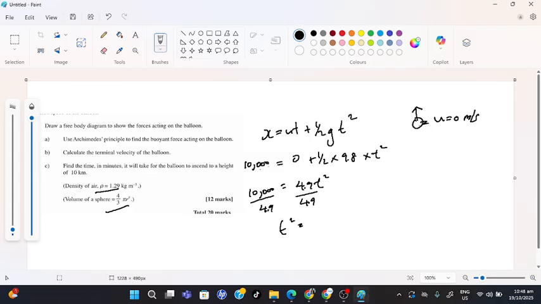Therefore, t is equal to the square root of, give me a second.